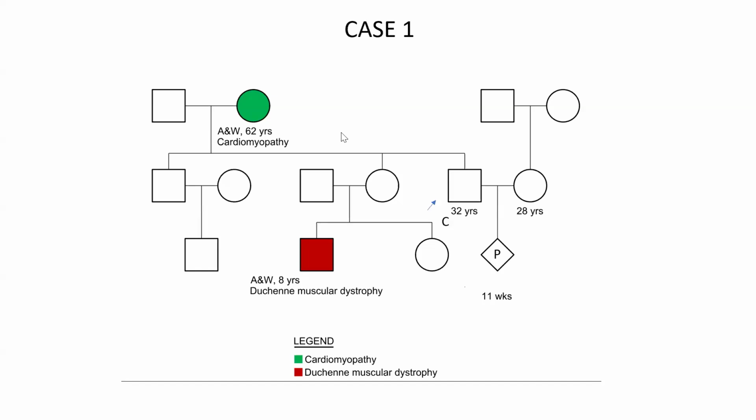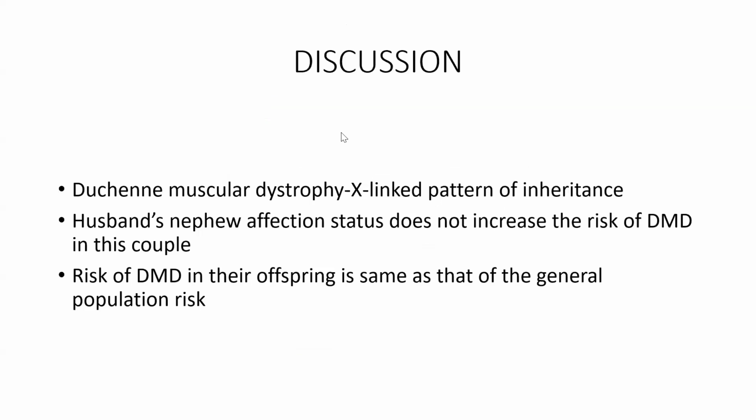So they wanted to know the risk of a similar condition, that is Duchenne muscular dystrophy, in their offspring. As we all know, it has an X-linked pattern of inheritance, and the husband's nephew's affection status does not increase the risk of DMD in this couple. And the risk of DMD in their offspring is the same as that of the general population risk.